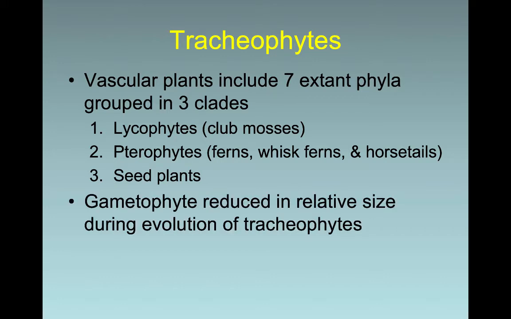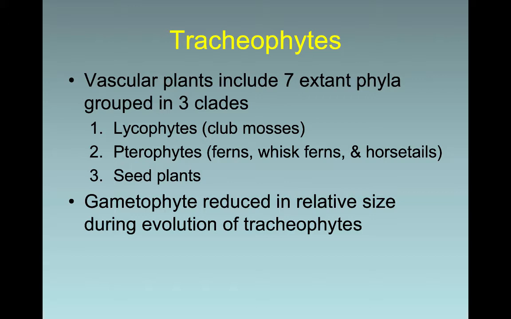Now, as this evolutionary trajectory occurred with the development of bigger plants that have vascular tissue, the other big trend that occurred is that gametophytes got smaller and smaller and smaller, while sporophytes got bigger and bigger and bigger. So by the time we get to the actual seed plants, again, maple trees and oak trees and pine trees and so forth, their gametophytes are actually microscopic, and the sporophyte is the entire rest of the plant.